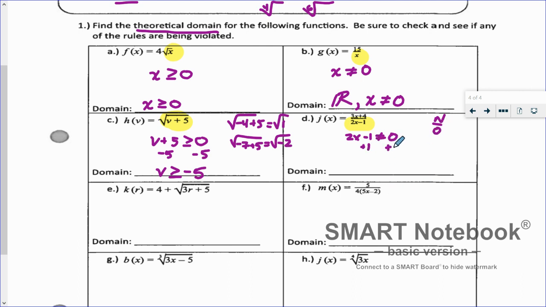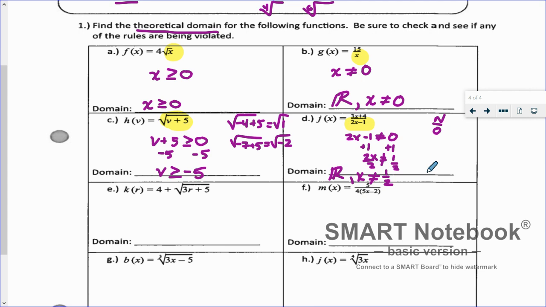So technically, we can solve this just like an equation. So I'm getting that my domain is all real numbers except it cannot equal 1/2. Because if x were 1/2, I plug 1/2 into that denominator, that's going to give me a 0 in the denominator, which I'm not allowed to do.